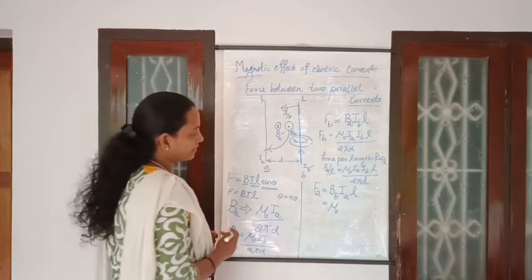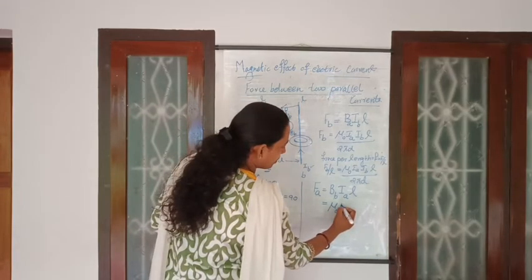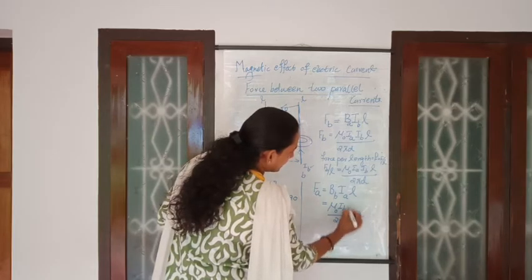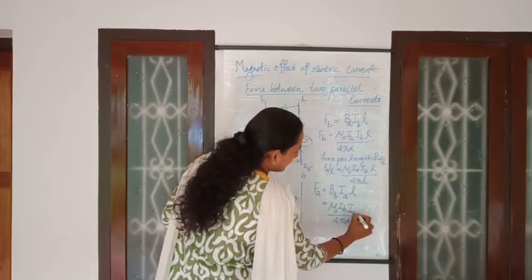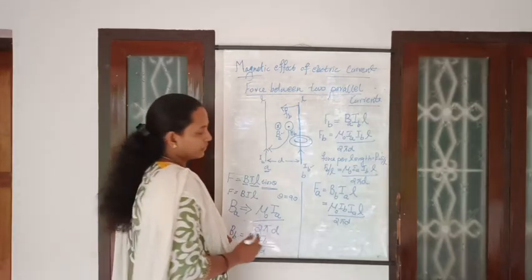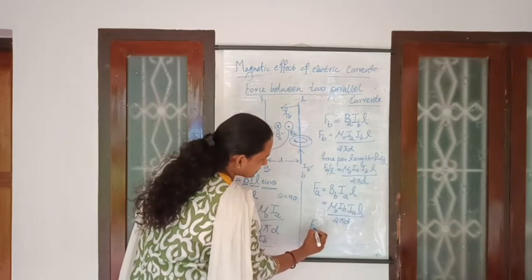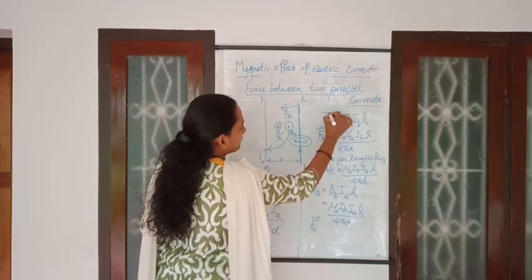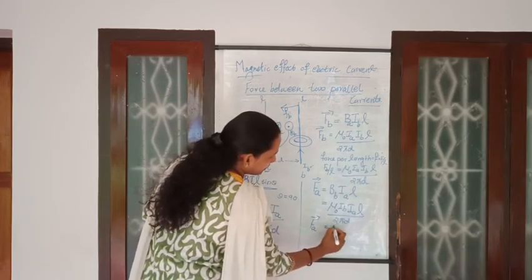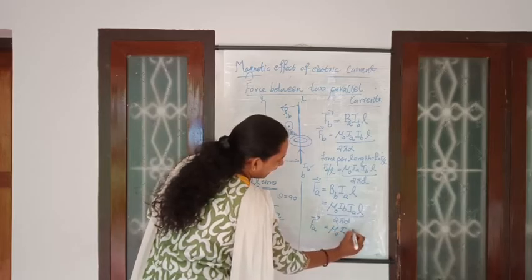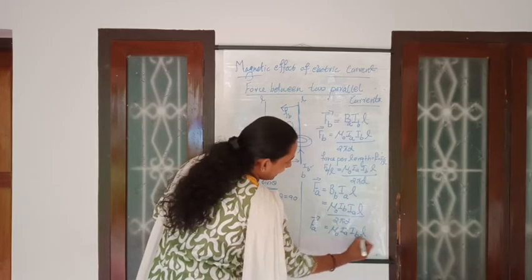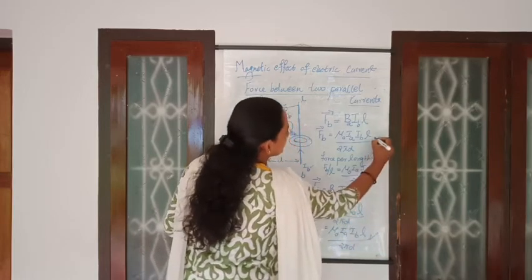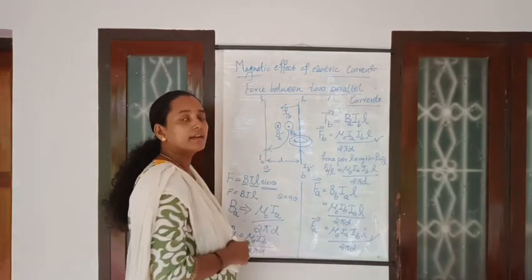Therefore, mu 0 Ib by 2 pi d into Ia into L. So the force experienced by conductor A is mu 0 Ia Ib L divided by 2 pi d, the same one, equal in magnitude.